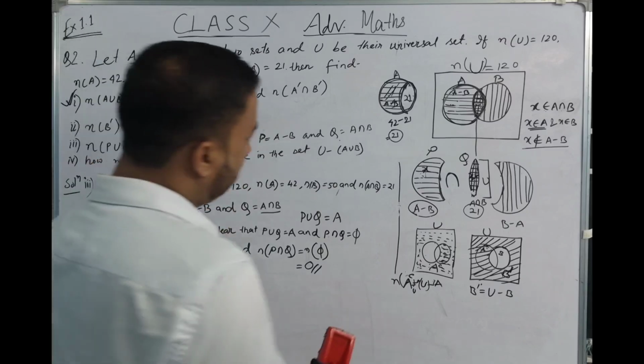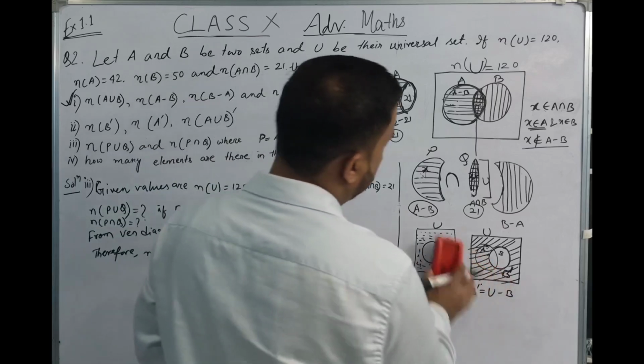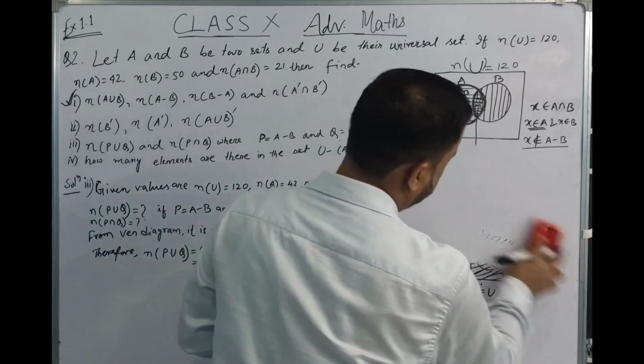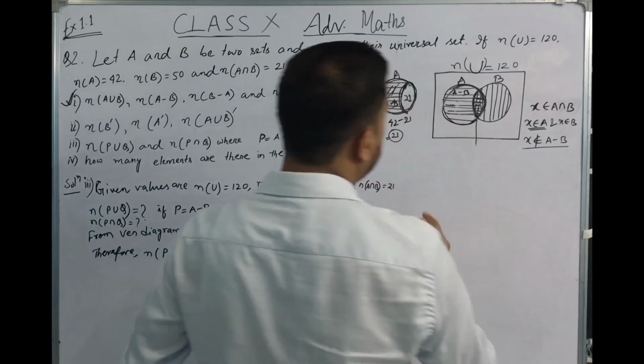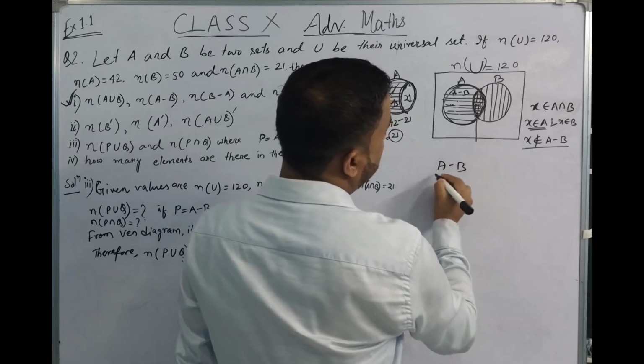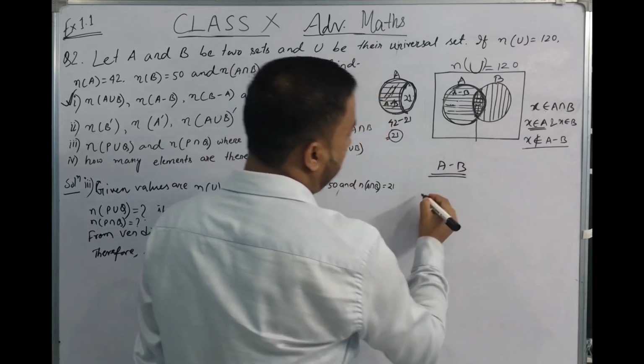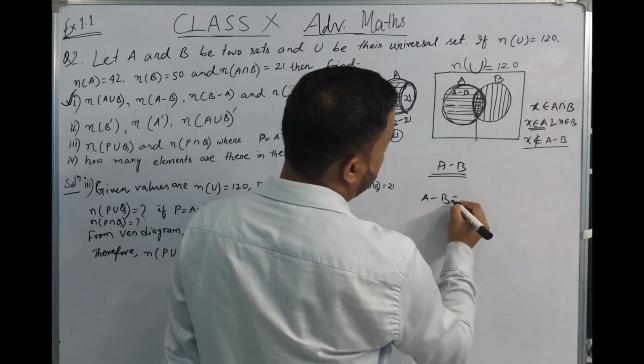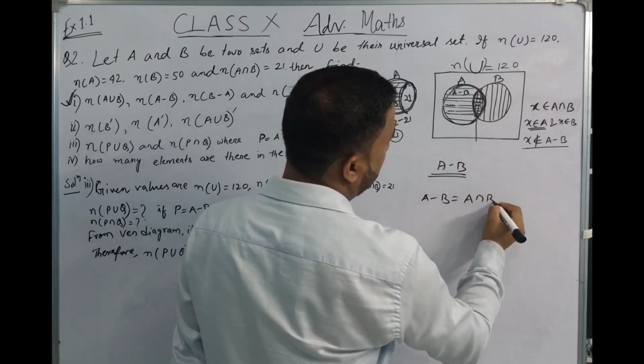If you remember, let me rub this out. In class 9, at the point where we discussed A difference B, there was a formula: A difference B is equal to A intersection B complement.